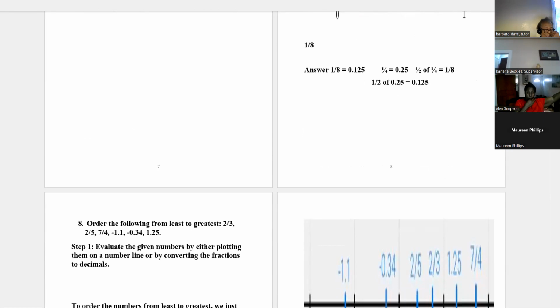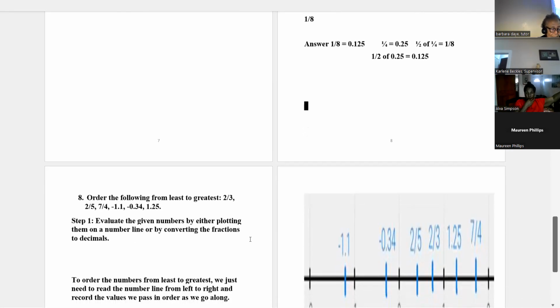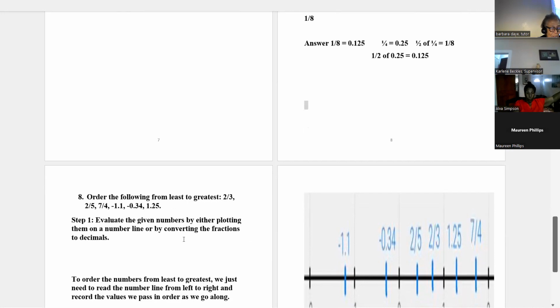Keep in mind, if you have negatives, the negatives are smaller than the positives, right? When you have a mixture of fractions and decimals, you can make them all decimals and compare them, or you could put them on a number line.